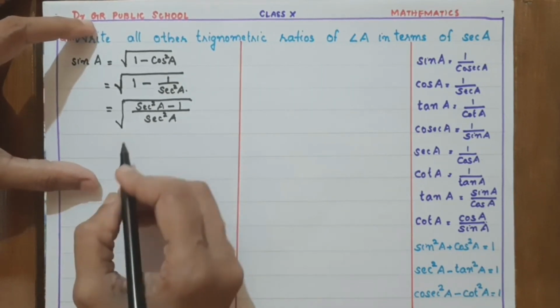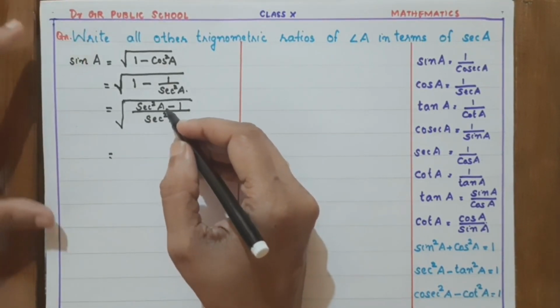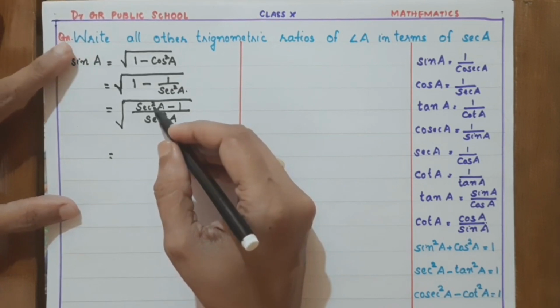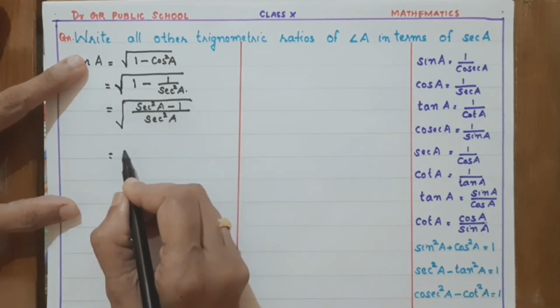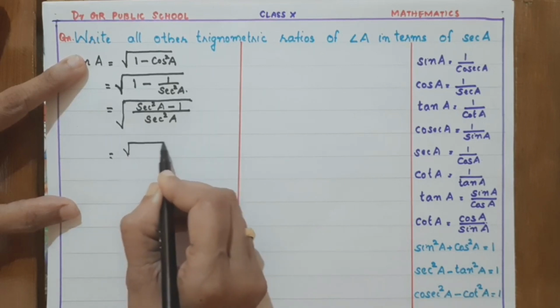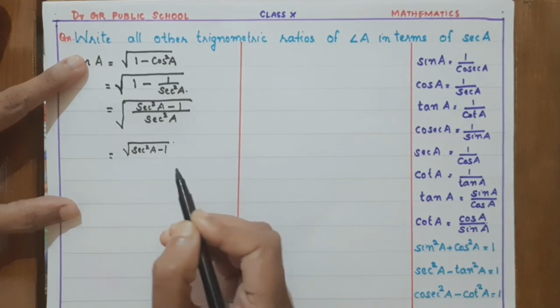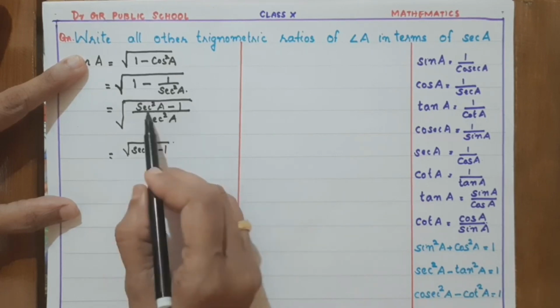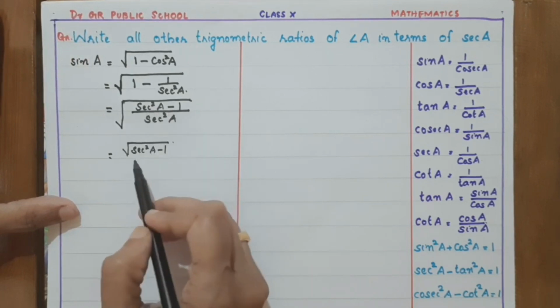Okay children. Now can we take the square root of numerator and denominator separately? Here, when we take the square root of the numerator, we can write only like this, square root of sec square A minus 1. Because here we have a subtraction symbol, we can't take the square root separately.